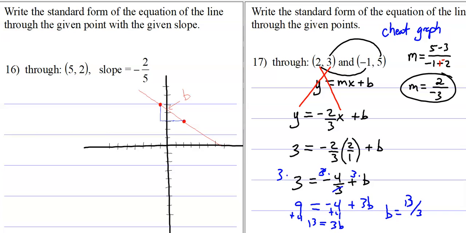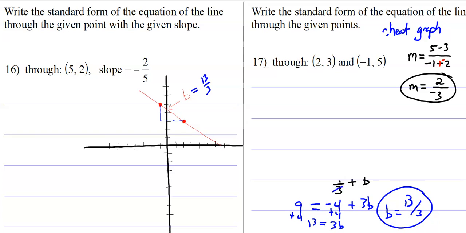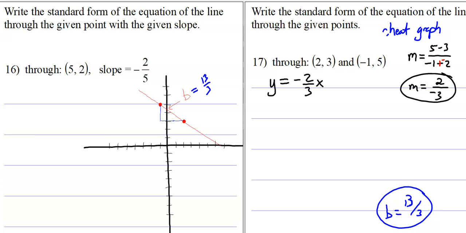That is why I couldn't cheat it, because I had a weird b, 4 and a little bit. So this b actually was 13 over 3, but I would never know that just by looking at the picture. So hey, I have a b, I have an m. Let's just try to get it in the right standard form now. Shouldn't be too tough. So y equals mx plus b.